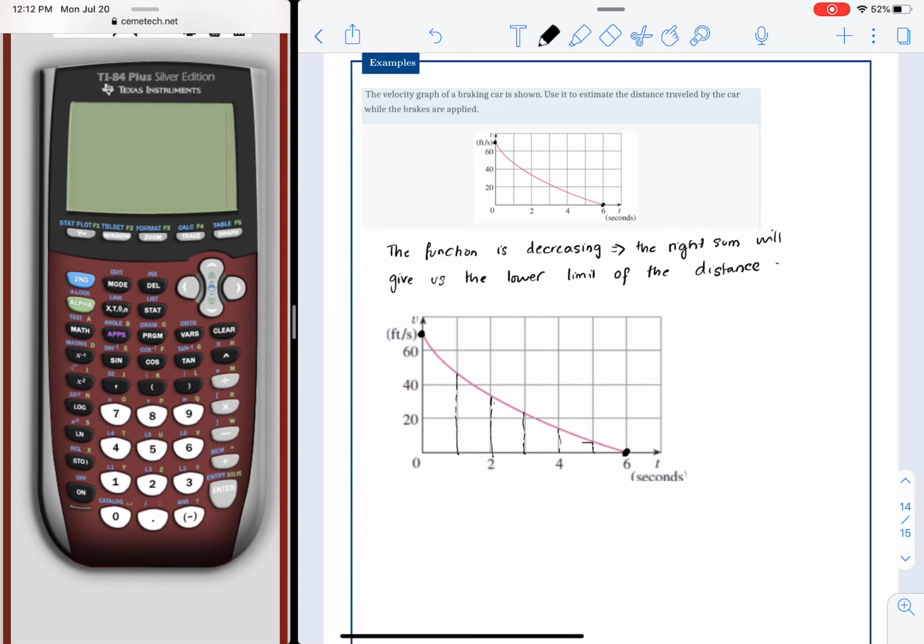And from the left, or from the right, we could draw a line to form a rectangle. And that is going to give us our lower endpoint for the distance. Delta x here is 1. It's the same for all intervals.